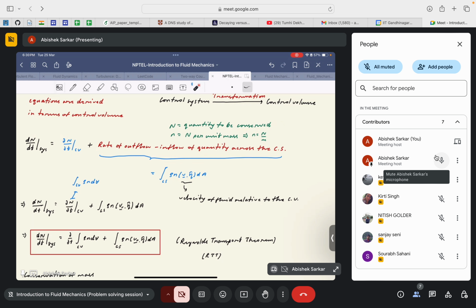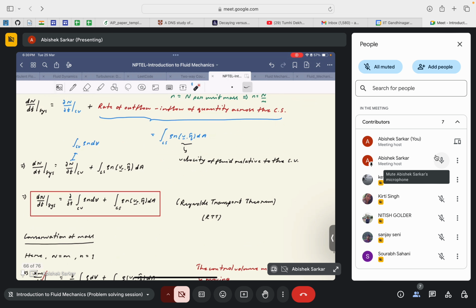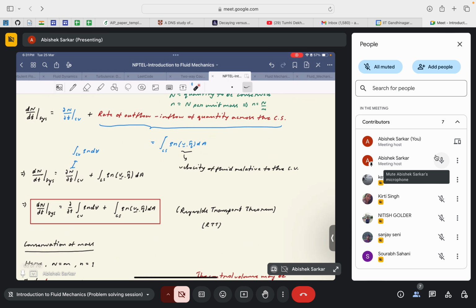So it's the corresponding intensive property of that particular property N. Now if we consider this N in terms of a control volume integration, then N, irrespective of the particular volume, would be density times volume of that particular property. So capital N can be replaced by the volume integral of rho n dV.